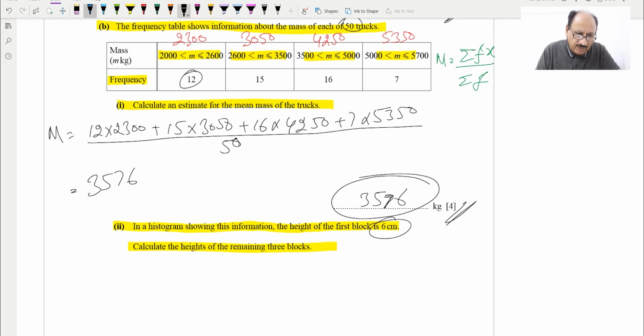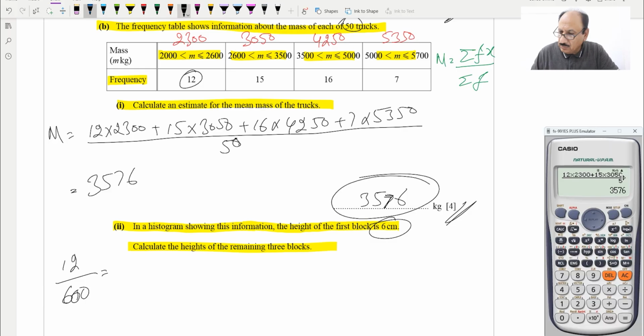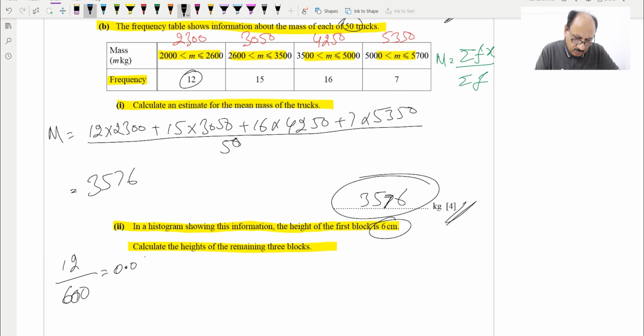For 12 we will take 12 divided by the class width, which is 2600 minus 2000, that is 600. 12 divided by 600 is equal to 0.02, but it is giving us 6 centimeters, so 0.02 multiplied by something is 6.